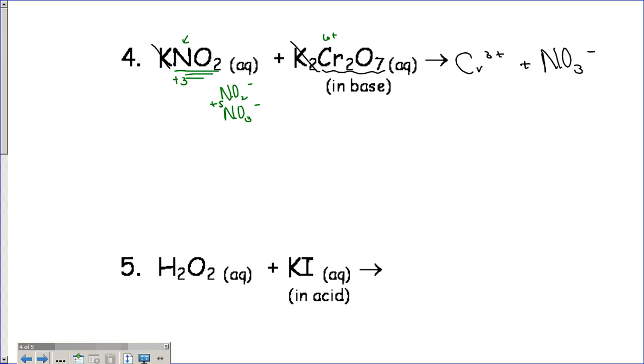There might be something. So then, of course, your net ionic equation is nitrite ion reacting with the dichromate ion, yielding chromium 3+ ion and the nitrate ion.